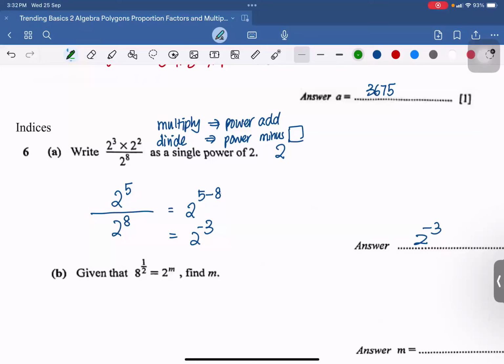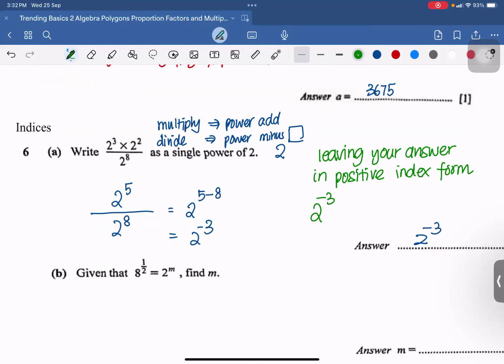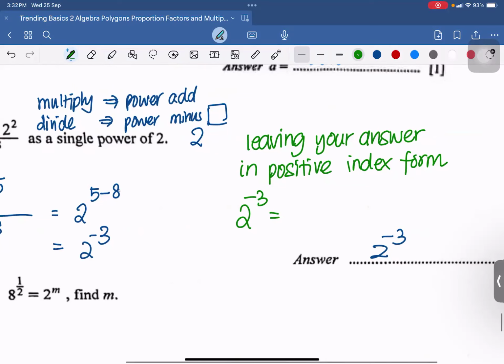If the question says leaving your answer in positive index form, do you know how to change 2 to the power negative 3 to positive index form? What is the effect of negative power?